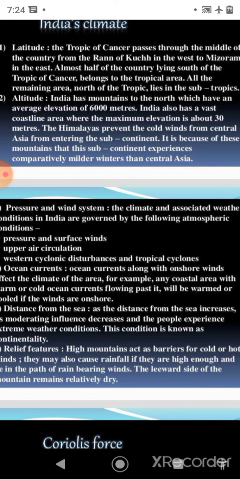As we move toward higher altitude, the gravitational force of the earth reduces, due to which the atmosphere becomes thinner and thinner toward higher altitude. This is the reason why at higher altitude temperature decreases. So if you take the examples of hill stations which lie at higher altitude, during the summer also they enjoy pleasant weather conditions.